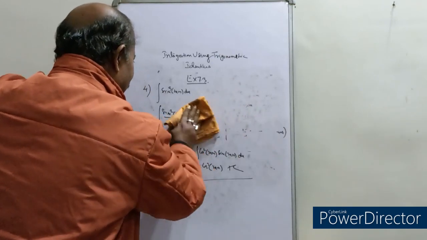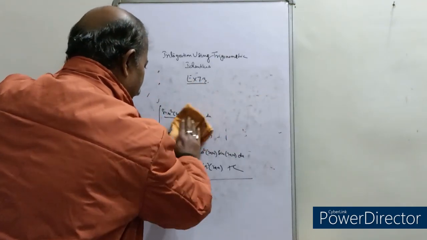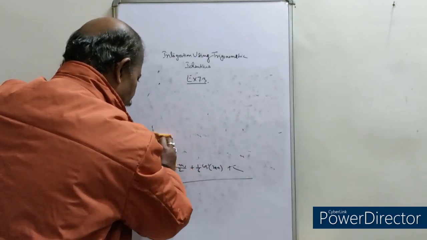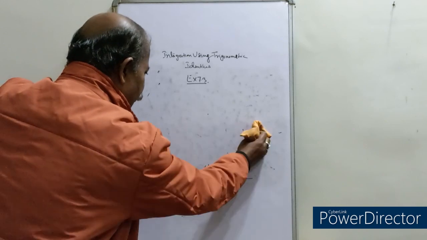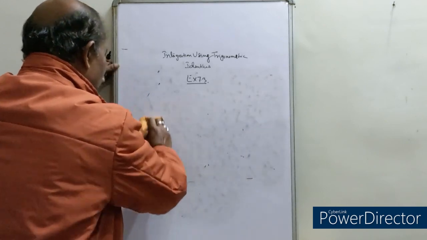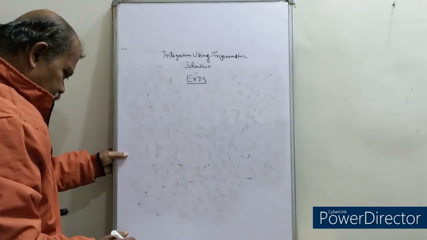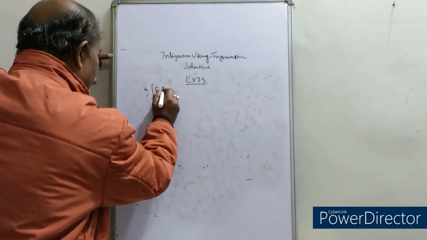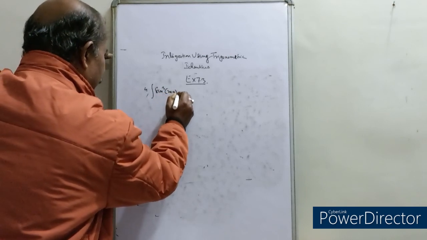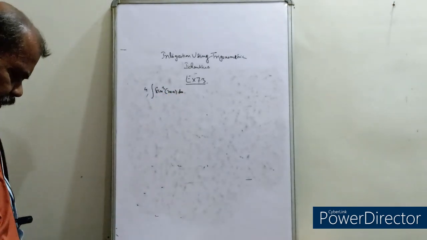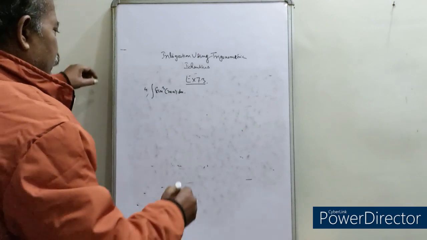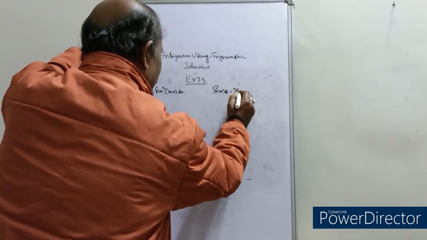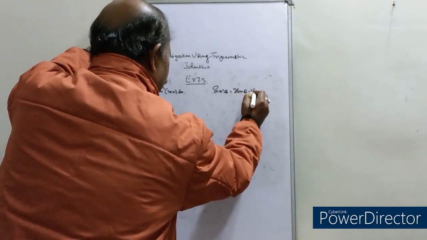Let me show you one thing so that you are never confused or think that the answer is wrong. Suppose the same question, question number 4, where the integration was sin cube (2x + 1) dx. Here you can use an identity: sin 3 theta is equal to 3 sin theta minus 4 sin cube theta.